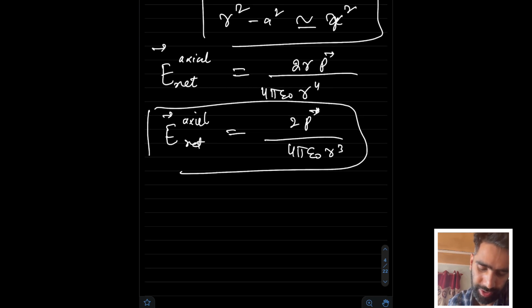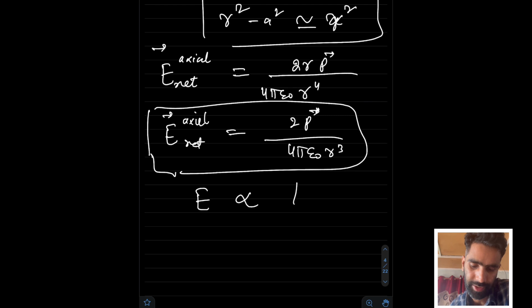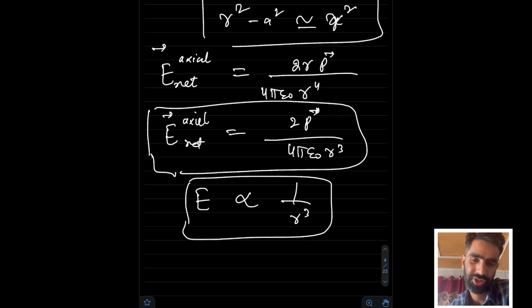So for an axial point far away from the dipole, the electric field intensity will be given by 2p over 4 pi epsilon naught r cube, and therefore we see that E is inversely proportional to r cube for an axial point for a short dipole.